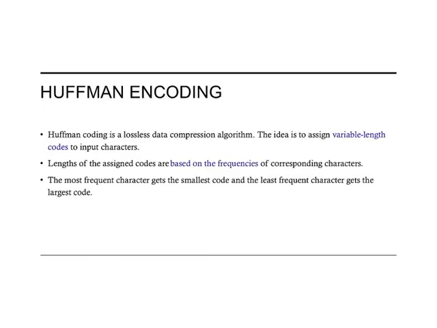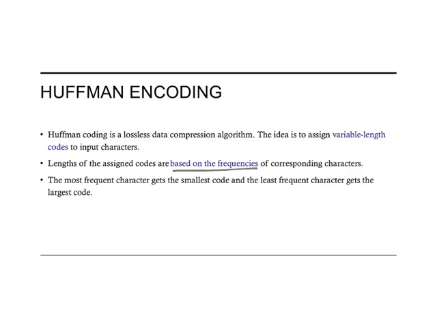In order to do that, there is a way of assigning these codes that is called the Huffman encoding. Huffman coding is a lossless data compression algorithm. We will not lose any information by doing this, and we will save space. The idea of Huffman encoding is to assign variable length codes to the characters that we want to represent, but the length of these codes is going to be based on the frequencies of the corresponding characters.